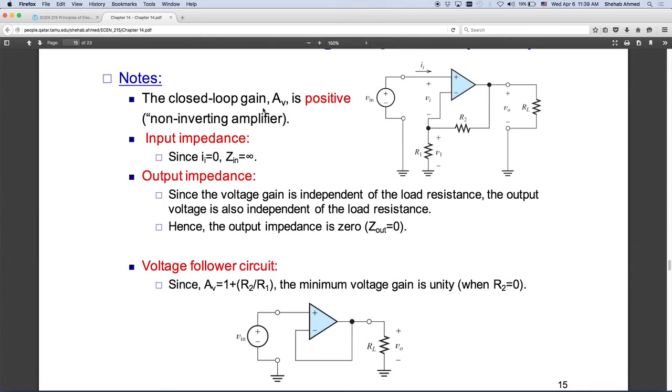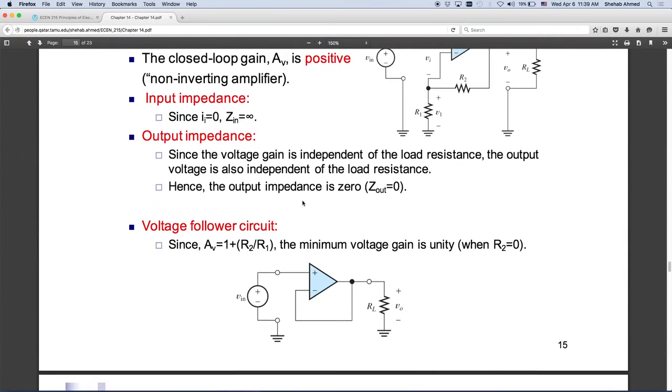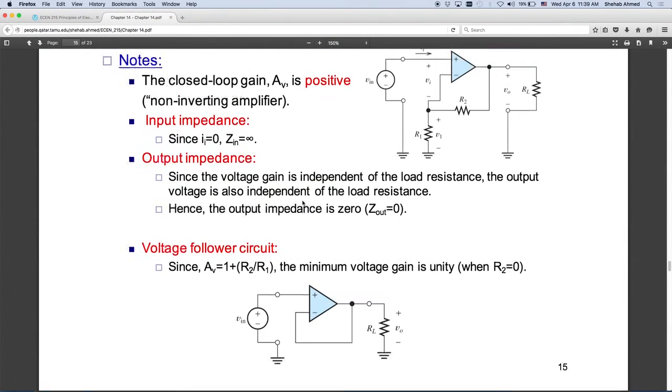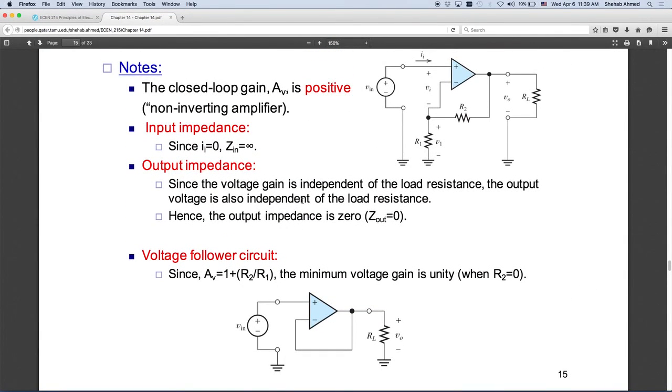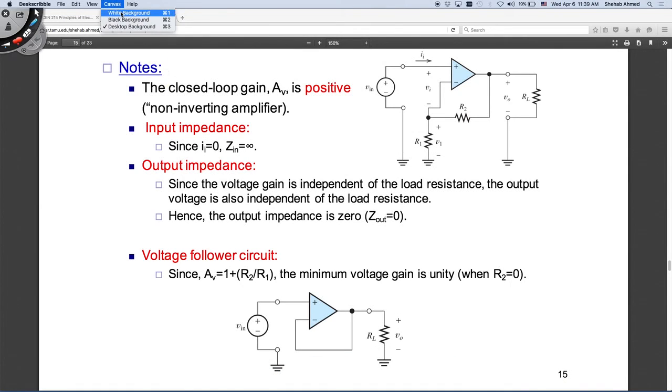So we said, okay, let's calculate the gain. Do we calculate the gain in the next slide? No, it's not calculated in the next slide. So let's calculate the gain for this non-inverting amplifier. So we have an amplifier circuit here.